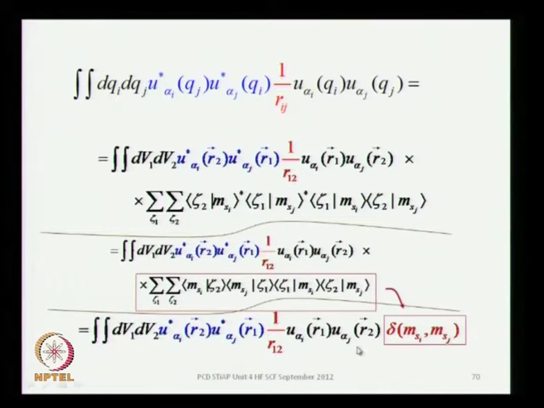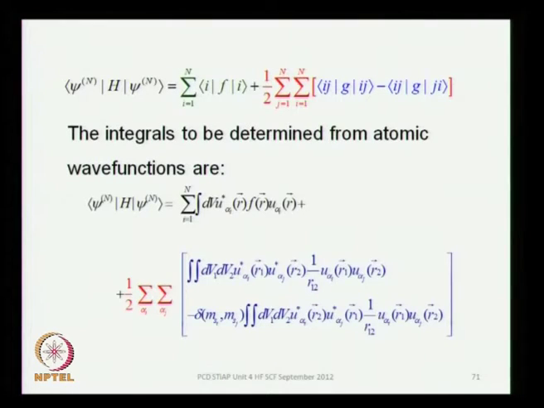So, this is the delta MSI MSJ. If both the spins are parallel, then the rest of it is just this space integration. So, we get a huge amount of simplification by separating the summations over the spin variables.